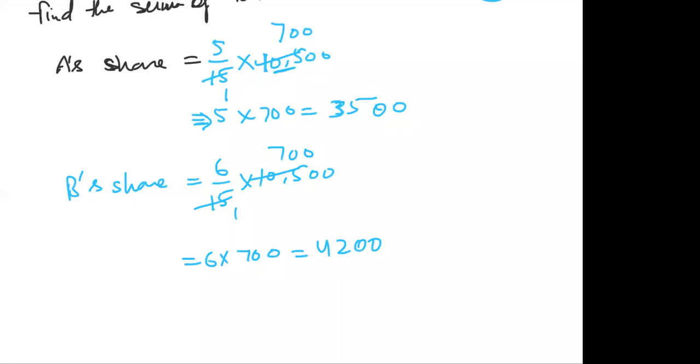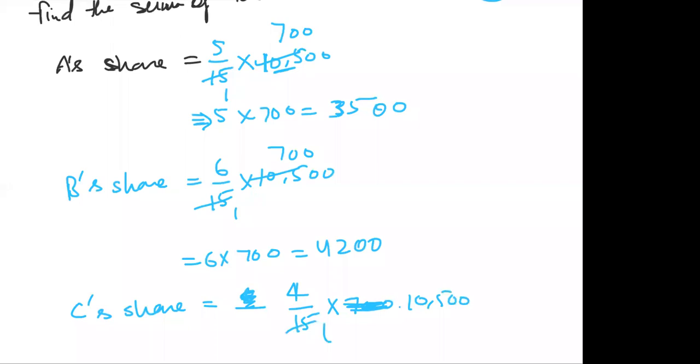And share of C. Okay, Jatin has found all the shares, share of each person. C's share is, the ratio for C was 4, not 6. So 4 upon 15 into 10,500, but when you reduce it, 15 ones are 15, 700, you get 4 into 700.